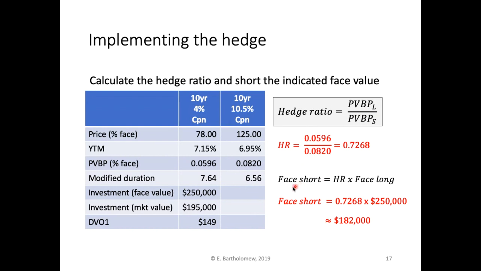So what that means is the face value that we need to short is that hedge ratio times the face value of the long position. So we take our 250,000 long, times that ratio, and we get about 182,000. And so if we then make that our short position, we'll have a short market value, but most importantly, we're looking for this to be negative 149.